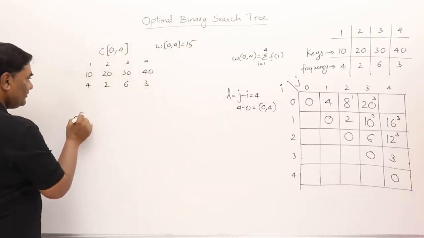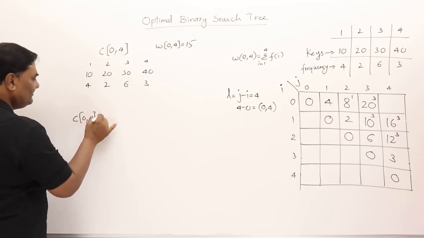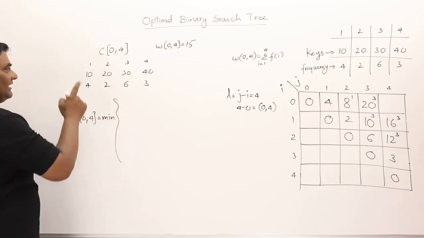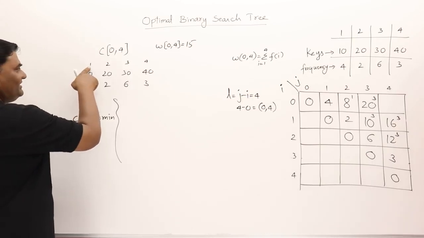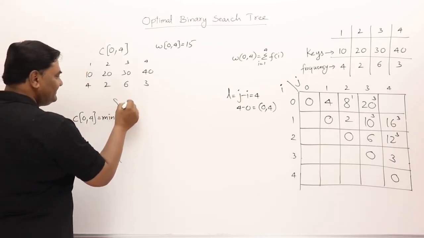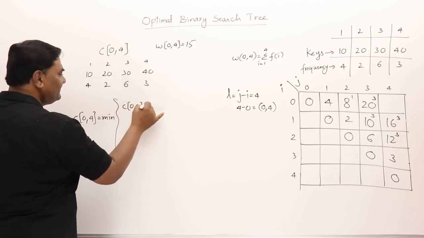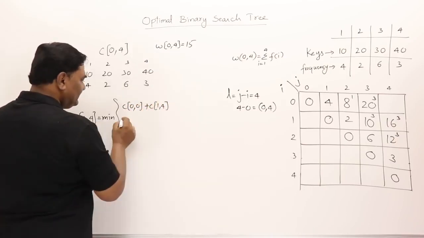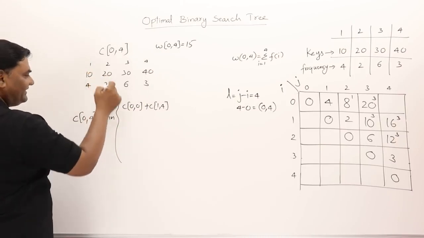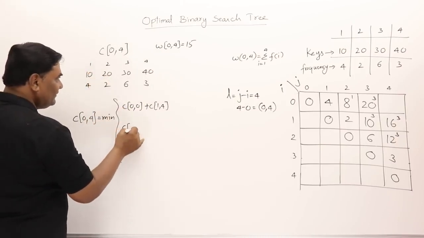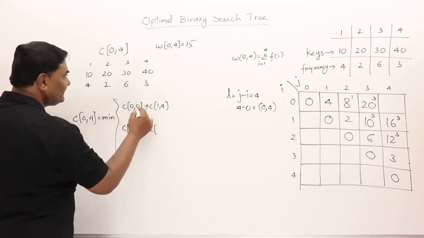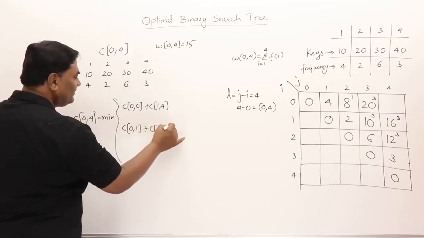And the cost of 0, 4 will be the minimum of: if I consider the first key as a root, then this is C of 0, 0 plus C of 1, 4. Then if I consider the second as a root, then this is C of 0, 1 plus C of 2, 4.